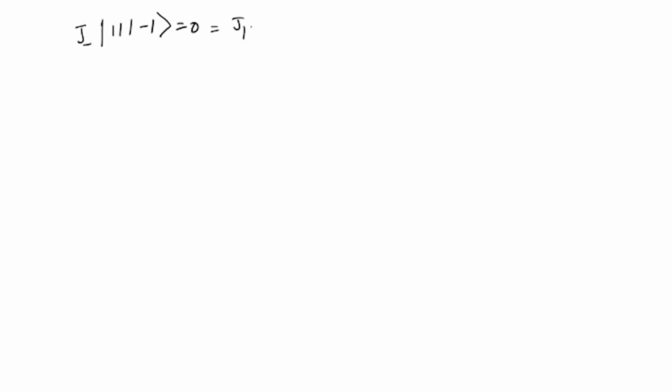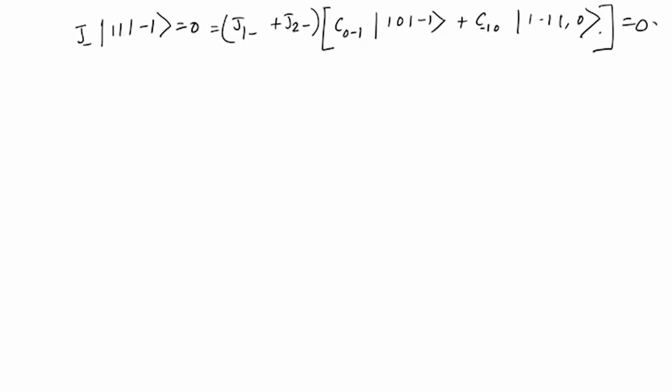So, this is given by J1 minus plus J2 minus, and this is equal to C 0 minus 1, the way we have written it, and then we have these 1 0, 1 minus 1, that is J1 M1, J2 M2, plus C minus 1 0, and we have 1 minus 1, 1 0, and so on, and this is equal to 0.